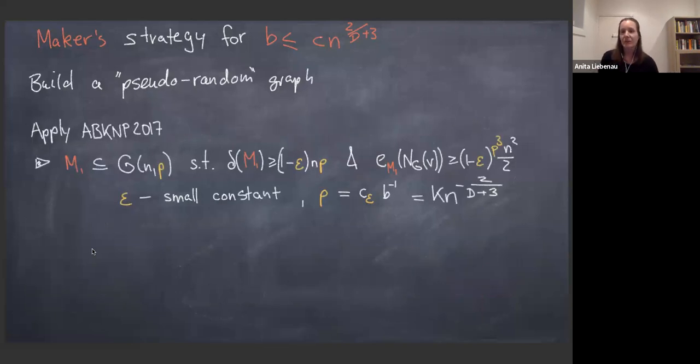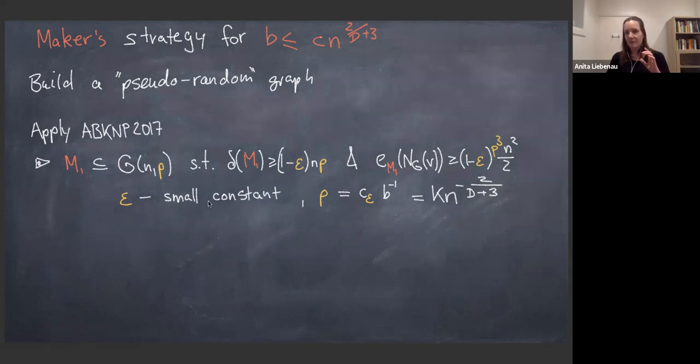For once, we are using the earlier result by Böttcher, Kohayakawa, Naves and Person. The theorem says that Maker has a strategy to get a subgraph of G(n,p), where p is a small constant times the inverse of the bias.